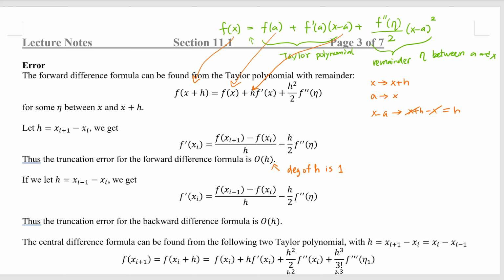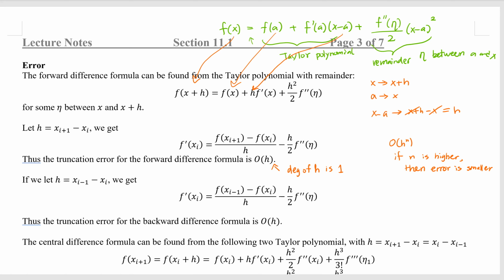Okay, and usually if the degree of the error is higher, then the error is smaller. Okay, so if we have O(h^n), if n is higher, then the error is smaller.